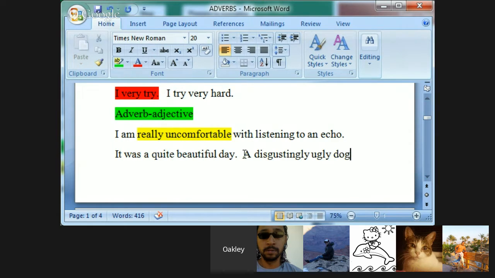All right. So your determiner is going to go first. That could be an article, a, an, or the. Could be my disgustingly ugly dog. Could be 3 disgustingly ugly dogs. All right. So the determiner will go first. That is correct.